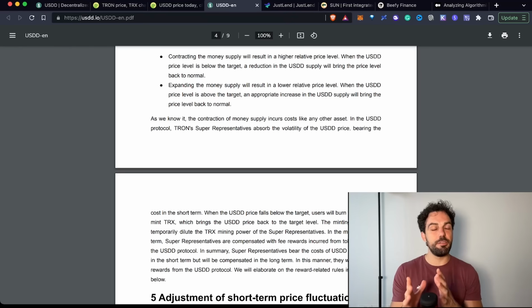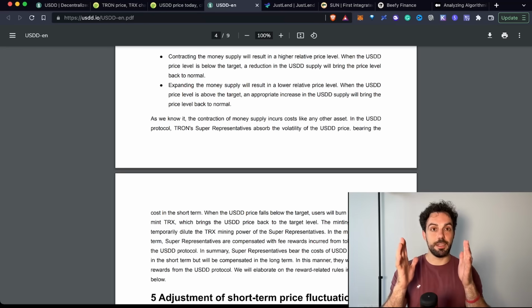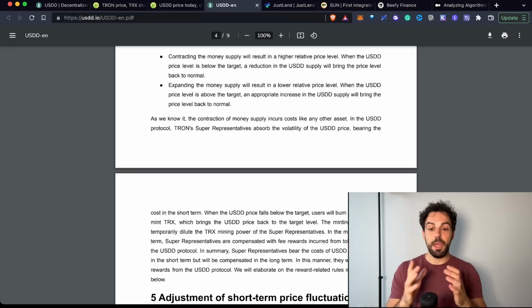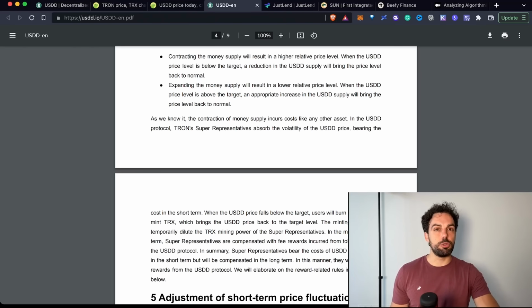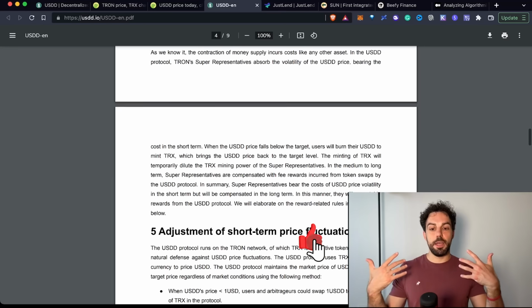If you want to know more about the different kinds of stablecoins that exist right now, you can check this video where I explain the different kinds of stablecoins, and the advantages and risks connected to each one. In this case, we have a treasury that should be around 10 billion that is used to defend the peg or to sustain this kind of arbitrage.